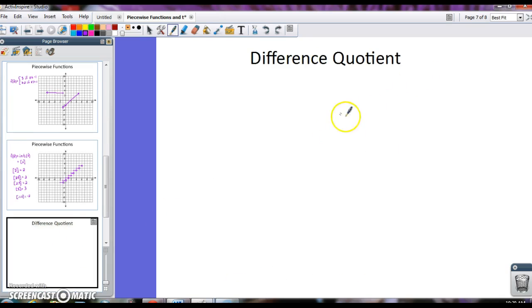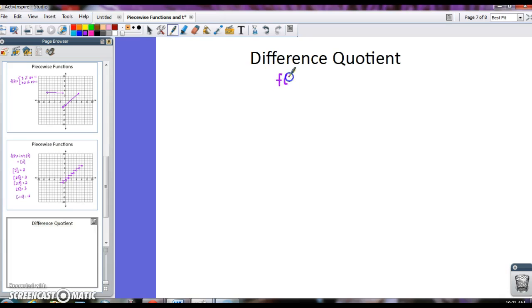Let's then talk about the difference quotient. And this is going to come up a lot a couple sections from now when we start talking about rate of change and average rate of change in a function. But it does come up here in the book, so I do want to go over it with you. The difference quotient is simply this.